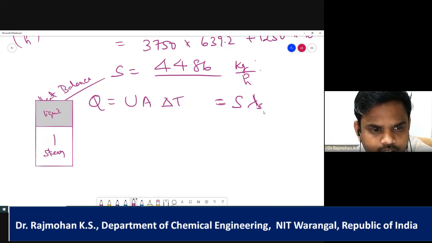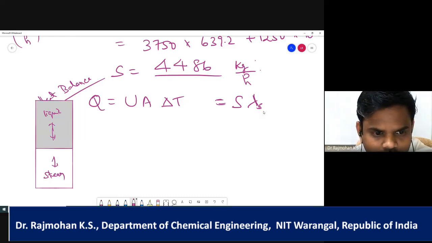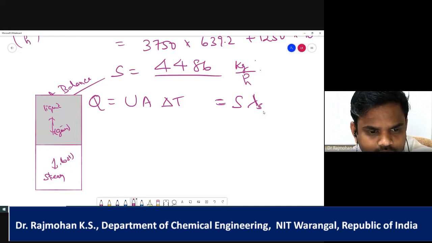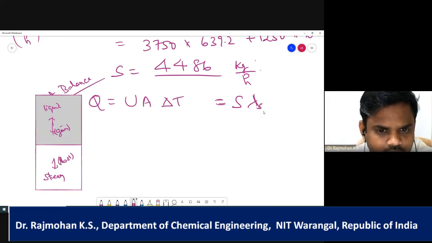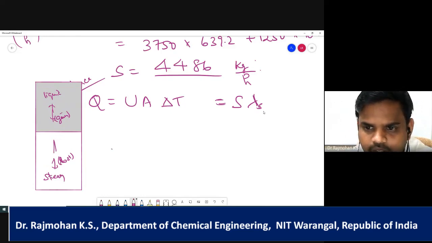Heat transfer is taking place between steam and the liquid. Okay, so only heat is being transferred from here to there. Here heat is gained, here heat is lost. So whatever heat is given by the steam is the heat gained by this one. So S value we have, lambda S value we have, A value we have to determine now. Second part is determine A.